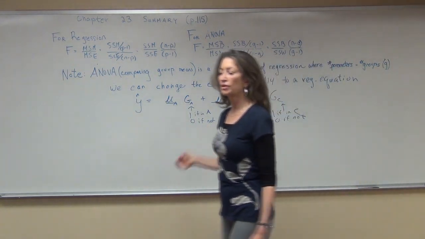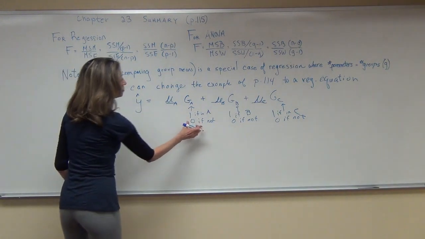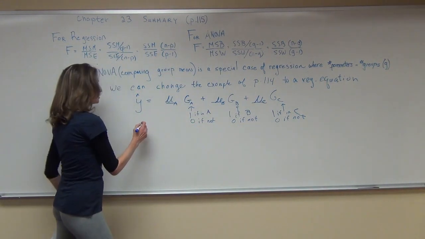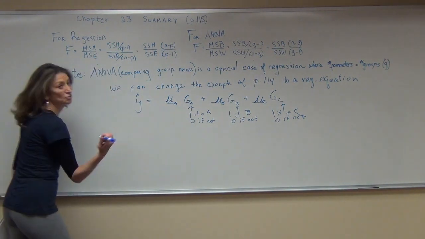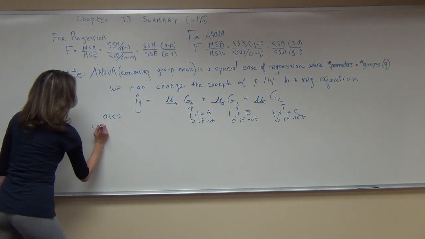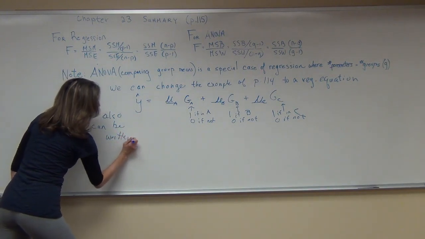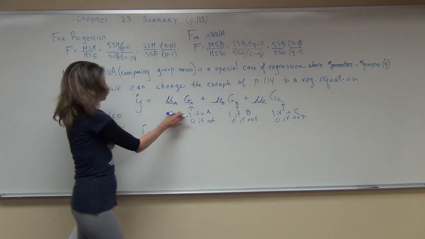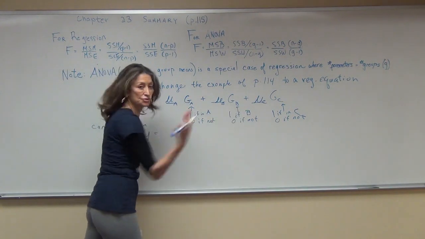An alternative way of writing this that people see all the time is we could also choose one of these groups as our baseline comparison group and call it the intercept. So it can also be written, or actually even more often is written, as you're making this prediction for Y, and then let's say we set group A as our baseline that we're going to compare these two groups to.